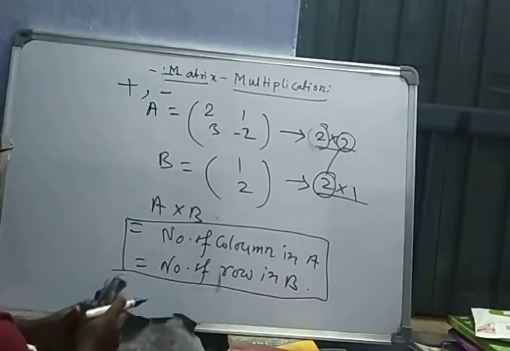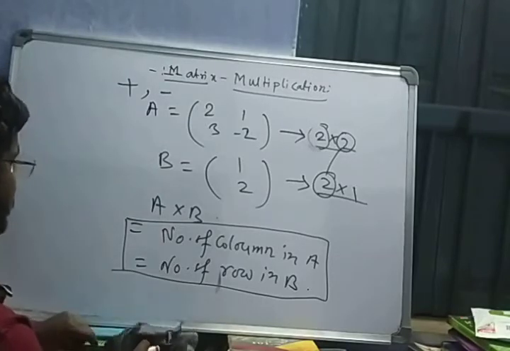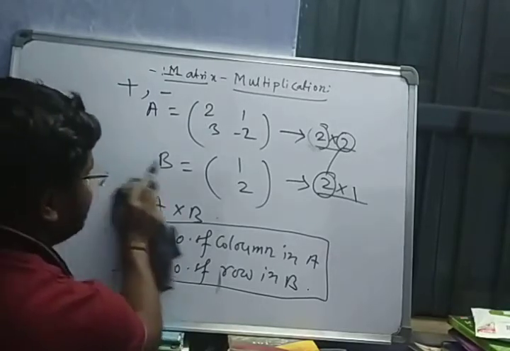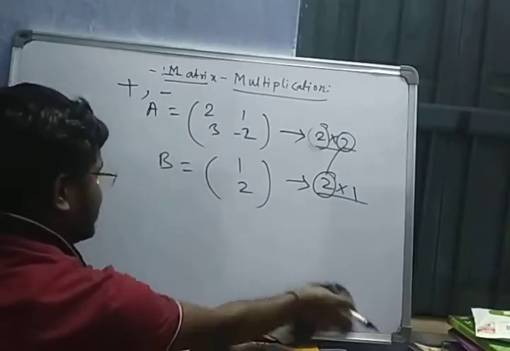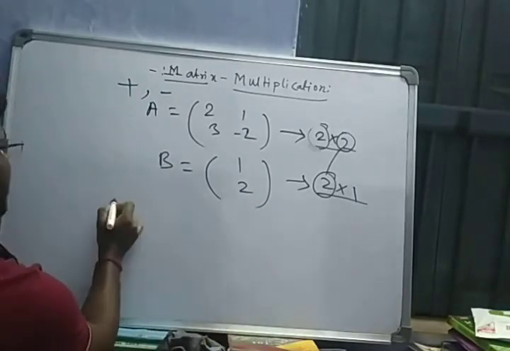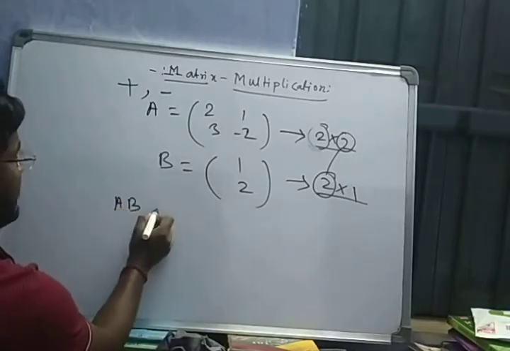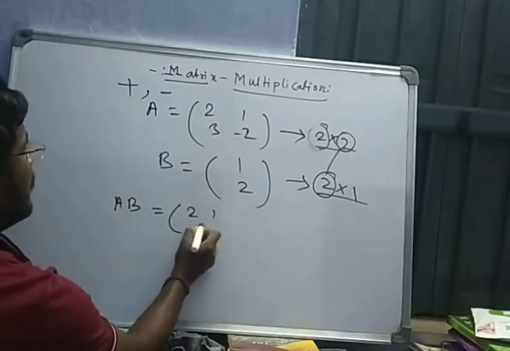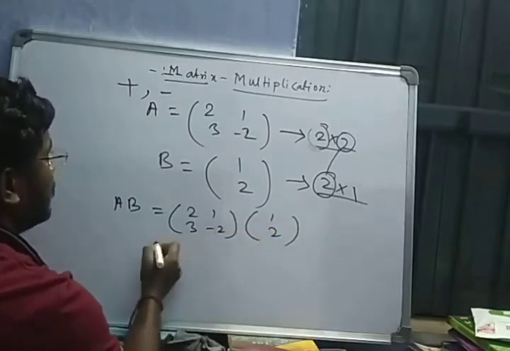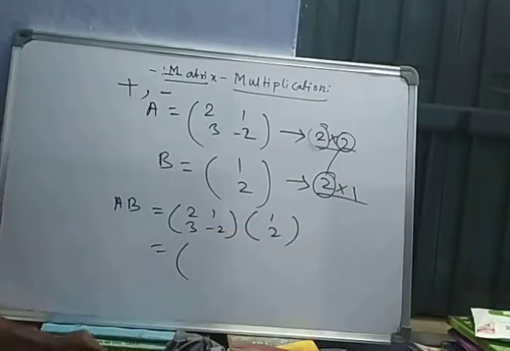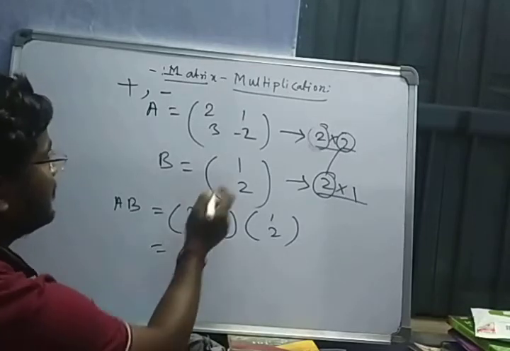Now you have to do the multiplication. How? At first you have to represent AB, which means A into B: 2, 1, 3, minus 2, times 1, 2. What will be the order of the product? Now listen.